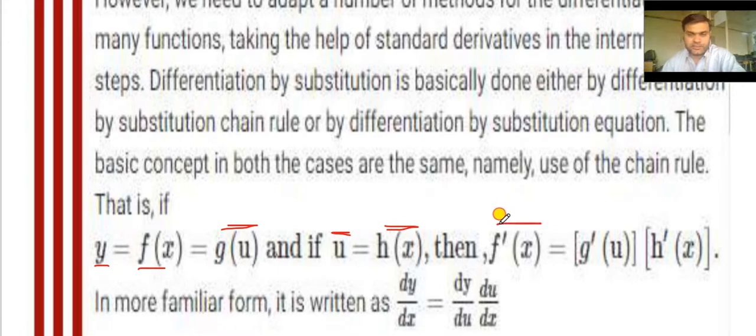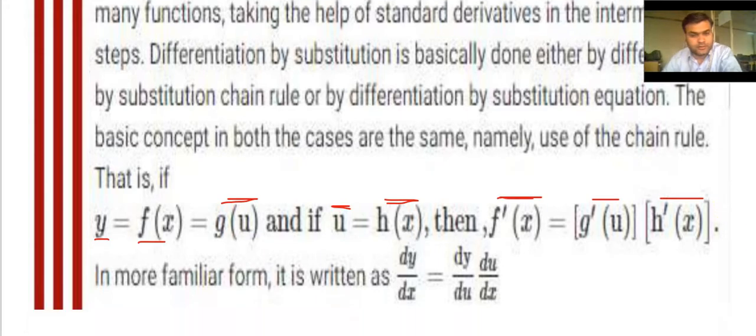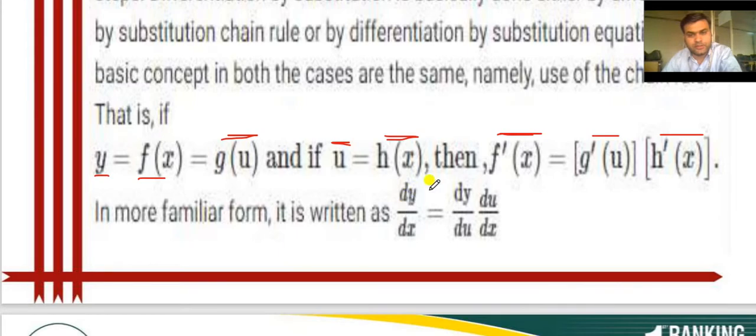Then f'(x) can be found using the formula f'(x) = g'(u) into h'(x). You have to remember this formula: if y = f(x), then dy/dx = dy/du into du/dx.